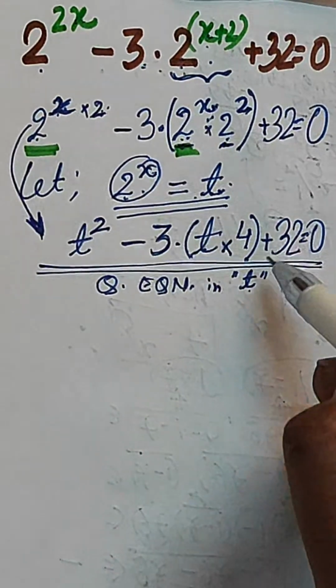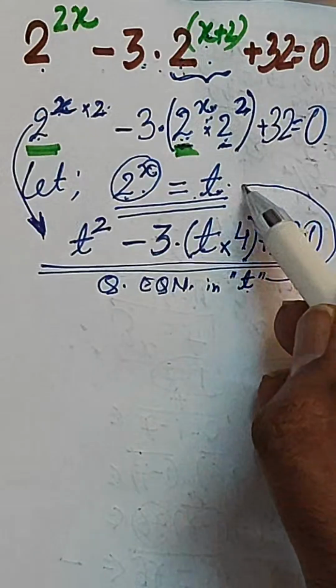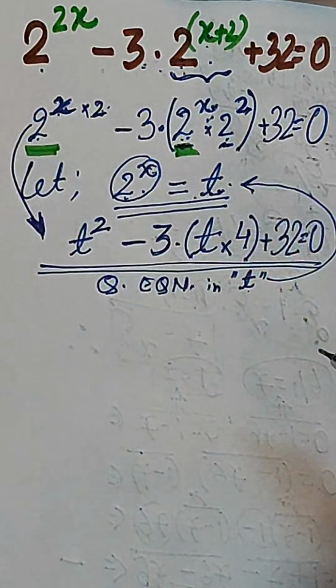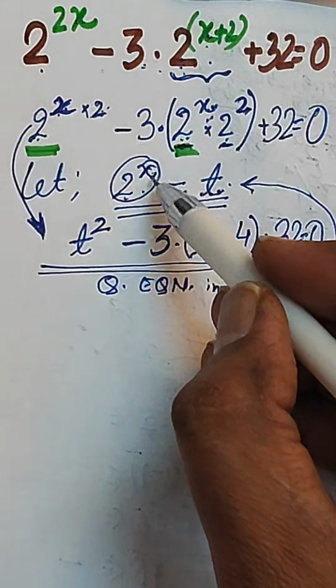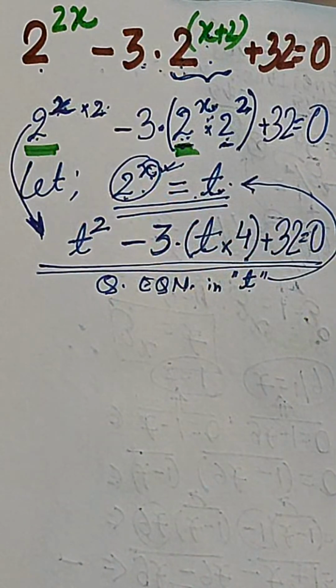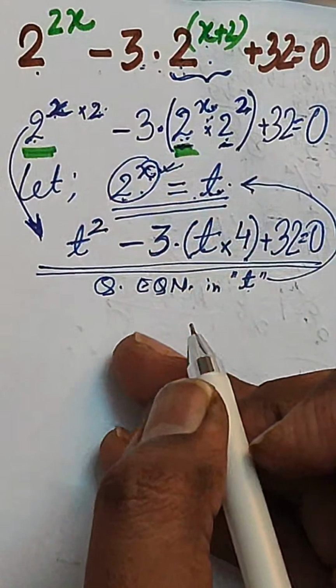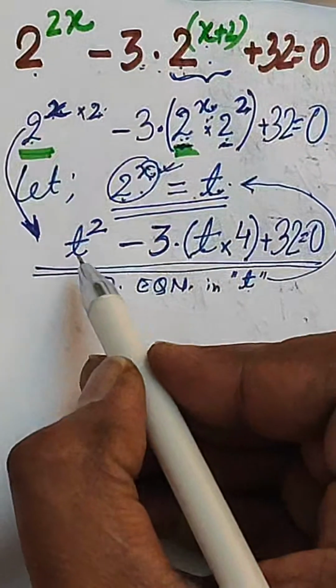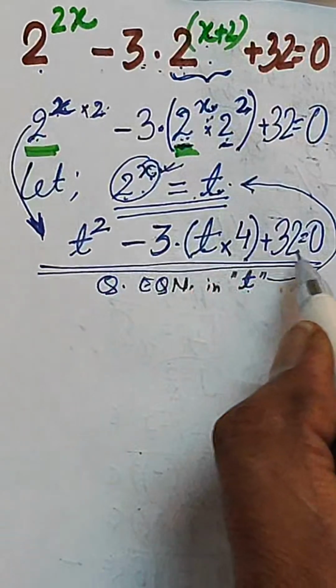When you find the value of t, just substitute it over here and you get the value of x, which is in the exponent. Right, my dear friends? So from here we will simply solve this quadratic equation.